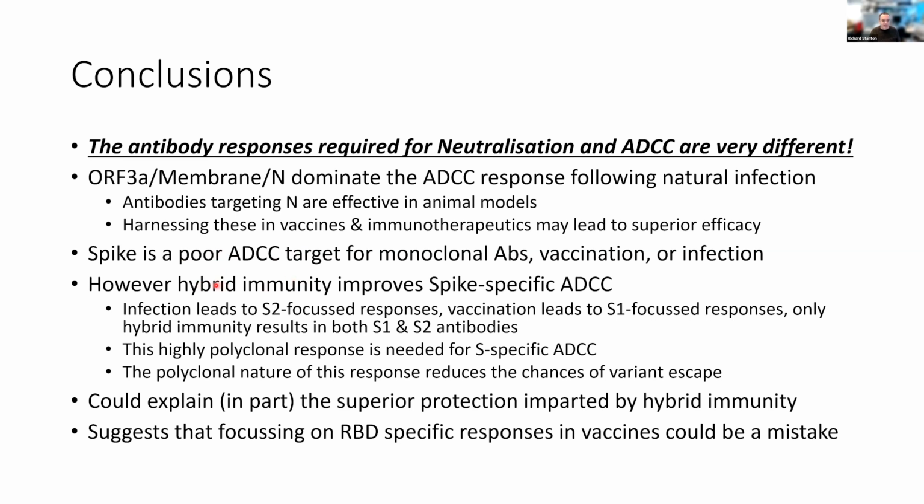And this appears to be because infection leads to S2 focused responses, vaccination leads to S1 focused responses, and so in hybrid immunity you have this unique situation where you have both S1 and the S2 antibodies, and it's that polyclonal response that's needed for S-specific ADCC, which also, because it's so polyclonal, reduces the chances of variant escape. And so I think this could, at least in part, it's obviously not the whole story, but it could in part explain the superior protection that has been shown by many groups to be imparted by hybrid immunity.